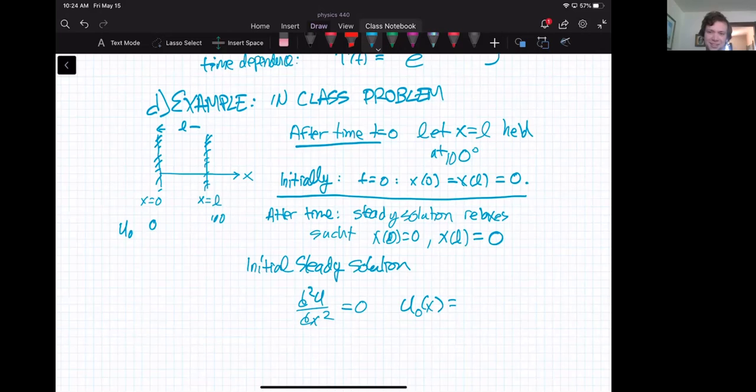Constant. Okay, that's one. So linear, right? A linear combination, say ax plus b, would be the general solution for Laplace's equation in one dimension, right? So given our setup, we're going to say that u of x is equal to 100 over L times x.